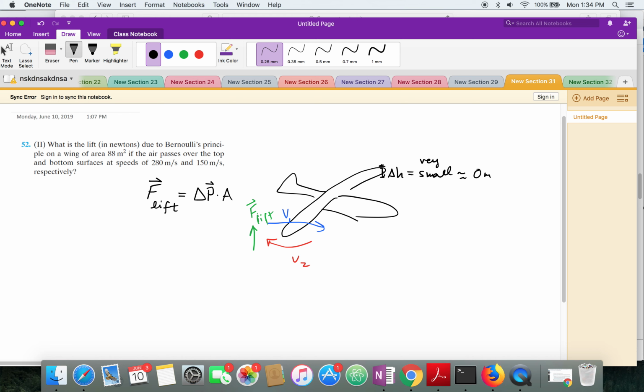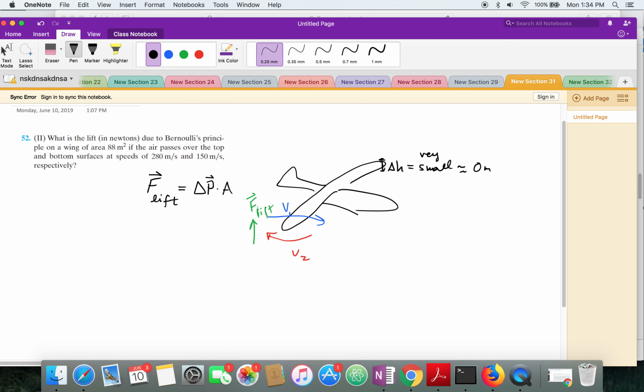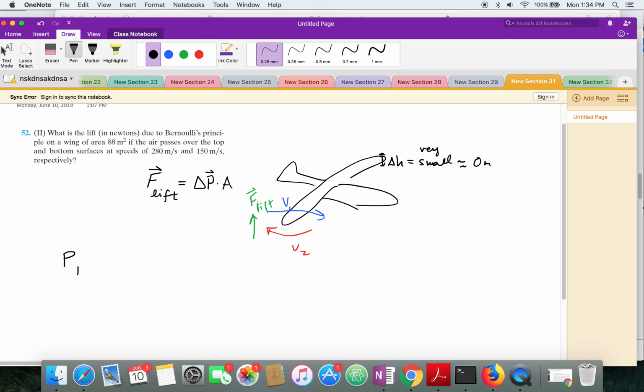There's a pressure P1 above the wing and a pressure P2 below the wing, and Bernoulli's principle, which looks a lot like energy conservation, looks like this: P1 plus rho g y1 plus one half rho V1 squared equals P2 plus rho g y2 plus one half rho V2 squared.